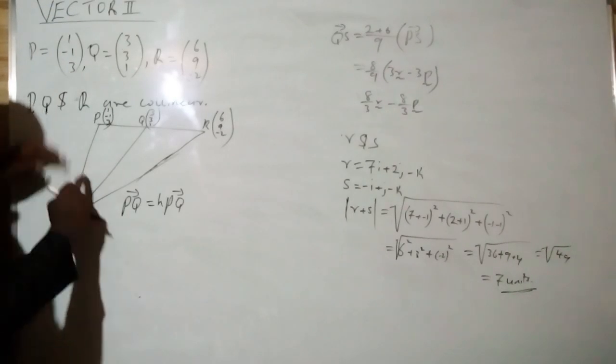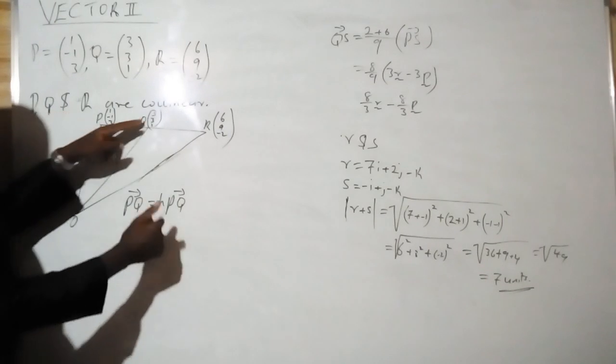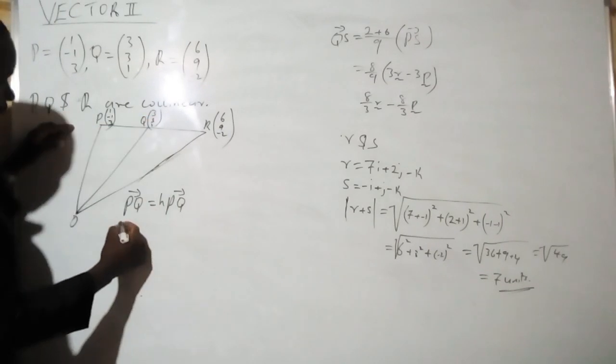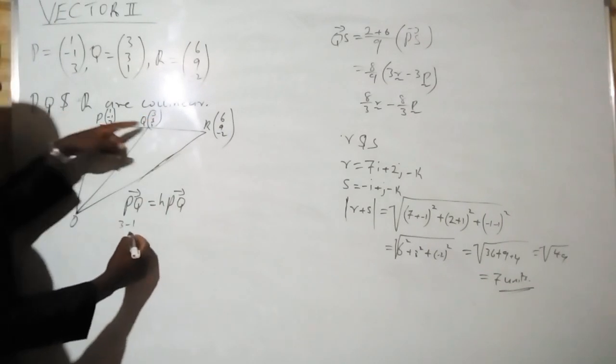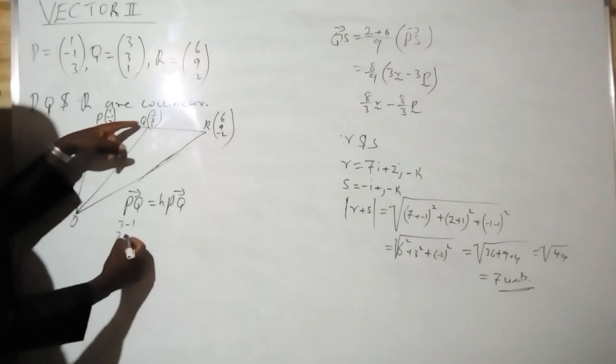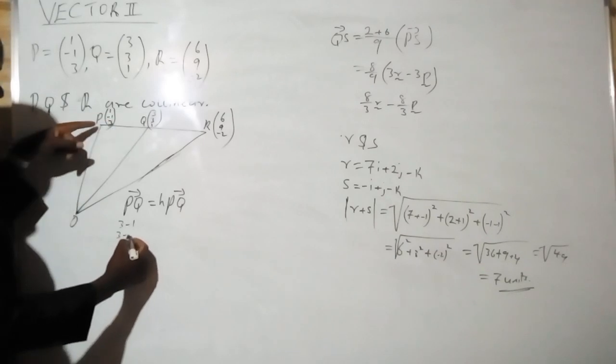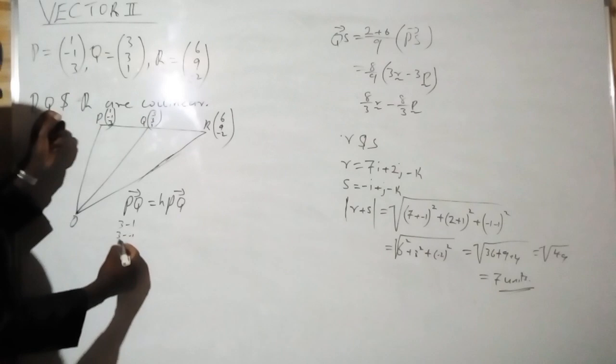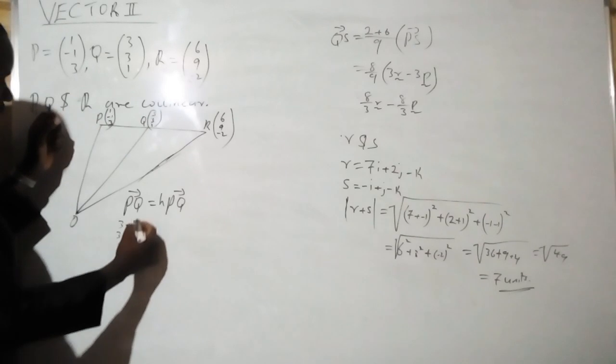For PQ, we start with Q: 3 minus 1, 3 minus 1, 1 minus 3, is equal to h.